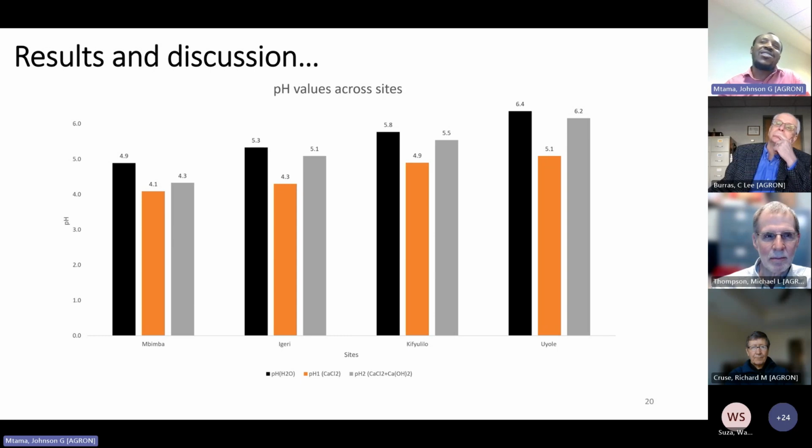We need to use the reserve acidity, because that is the measure of the amount of exchangeable acidic cations available in the exchange sites. For us to be able to neutralize this acidity, we need to kick out all these acidic cations in the exchange sites into the solution, such that they can be neutralized by the liming material we are applying in the system. So that's the technical description of the two histograms.